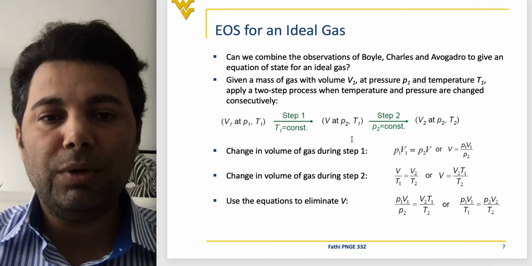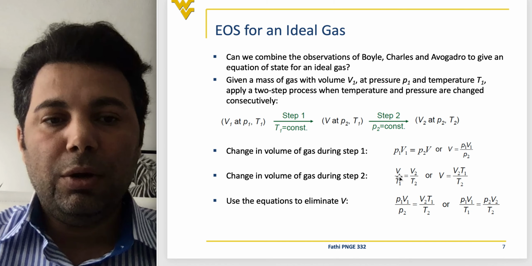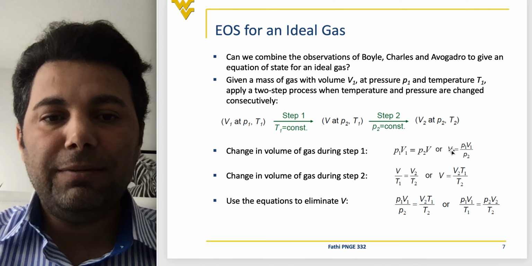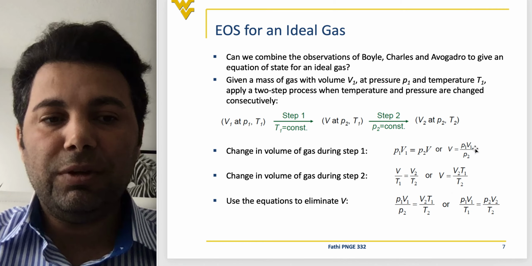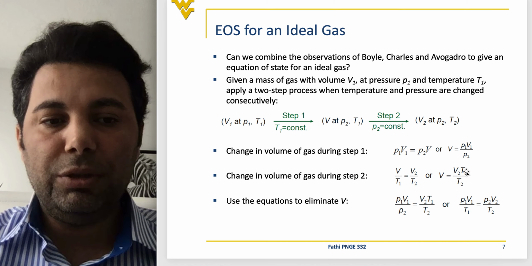So V over T1 is equal to V2 over T2, or V becomes V2 times T1 over T2. So we have the volume V being equal to P1 V1 over P2, and the same volume being equal to V2 T1 over T2. So these two ratios are now equal to each other.